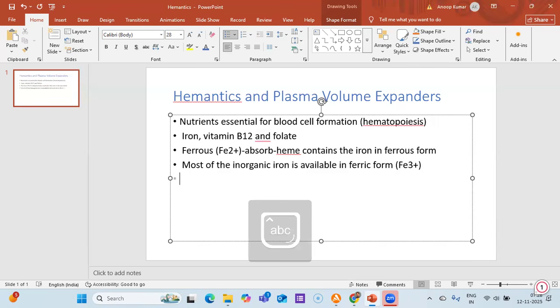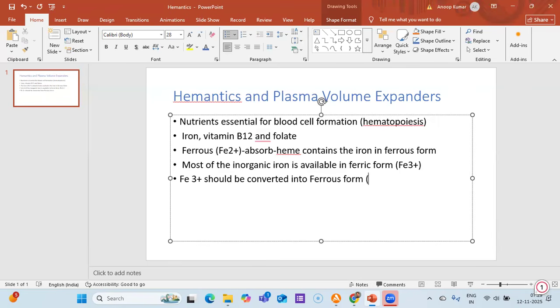So this ferric form of the iron from the inorganic should be converted into ferrous form. And ferrous form, as I discussed, is going to be absorbed easily. Fe2 positive, right?